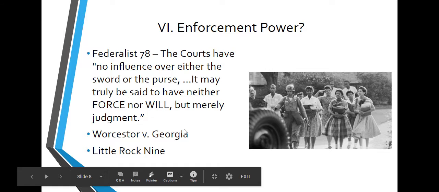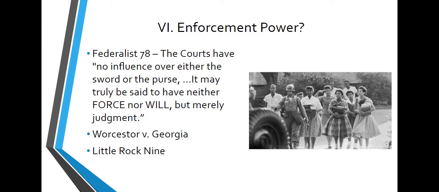Georgia. The Supreme Court ruled against the state of Georgia, said that they had to respect a treaty made with Native Americans, and the Jackson administration refused to enforce. This led to the Trail of Tears. Jackson simply refused to enforce the Supreme Court's decision.